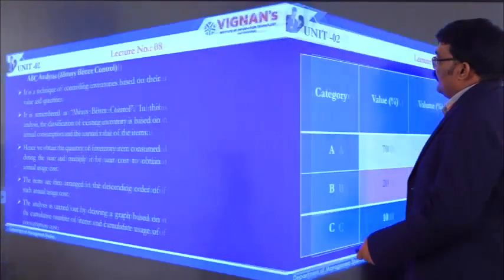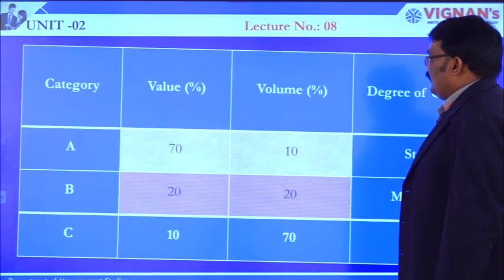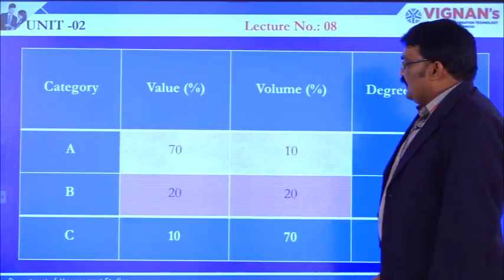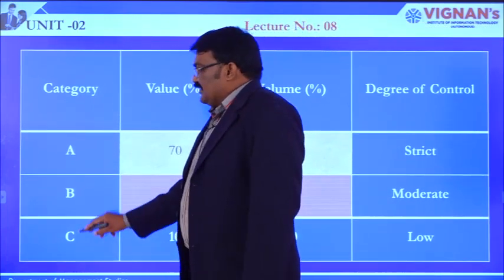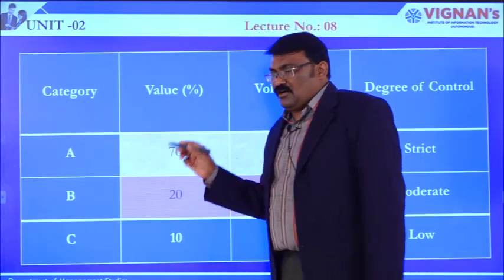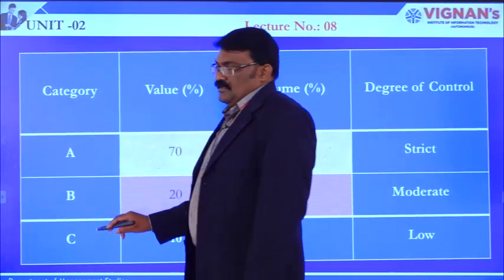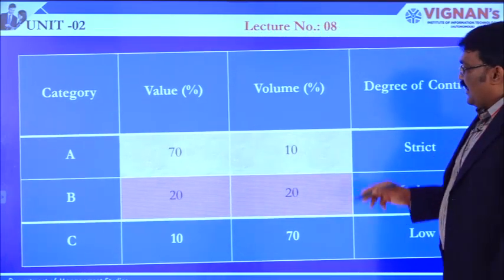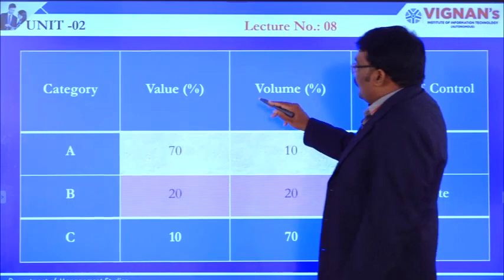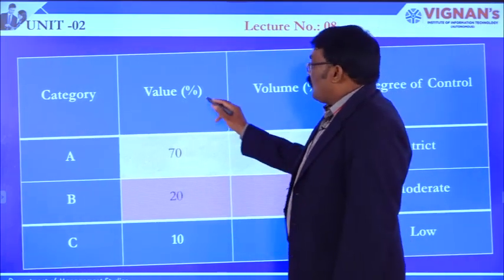Now, if you see this level, the total stock or the raw materials are classified into A, B, C. The total category of raw material is classified into A, B, C, and we would have a descending order according to the value.